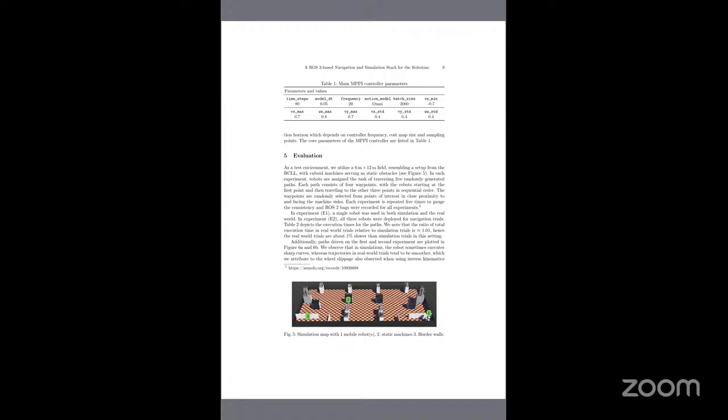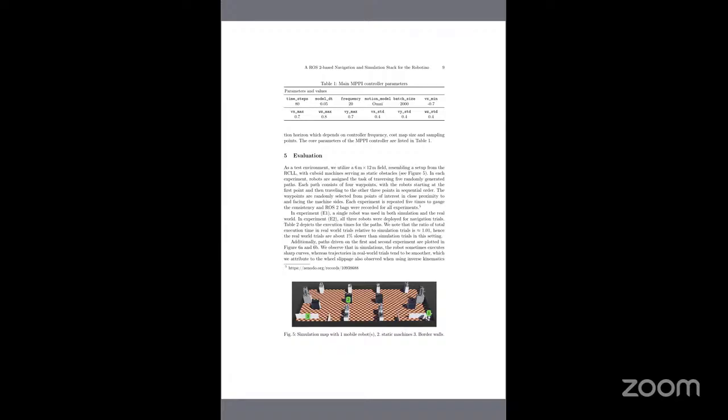Vx minimum minus 0.7 meter per second. This is the maximum velocity it can move in the backward direction. Then Vx max 0.7, that means in the forward direction, the maximum velocity. Vy max 0.7, sideways velocity.